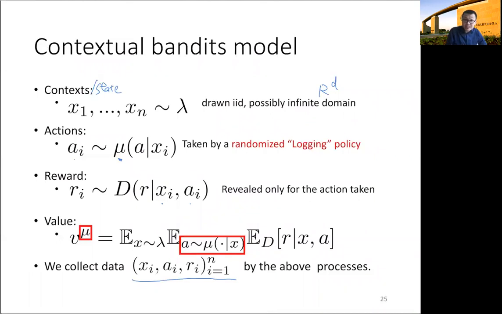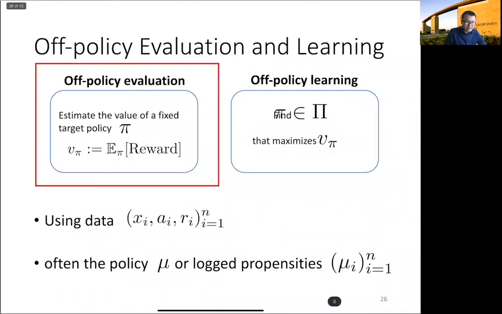There are no state transitions here because this is a bandit model, and in all bandit models we simplify by ignoring the state transitions. So no matter what actions you pick, no matter what policy you run, the distribution of the context is arbitrary and unchanged. It remains independent and identically distributed.